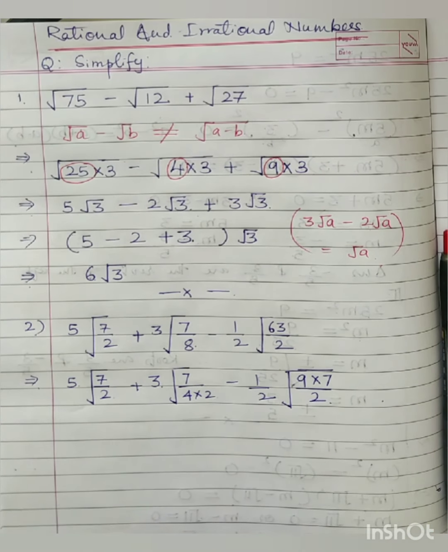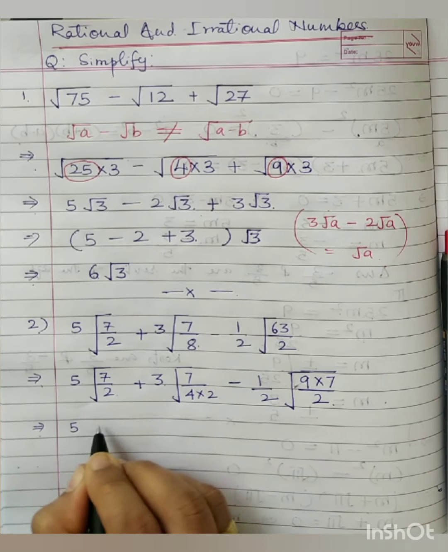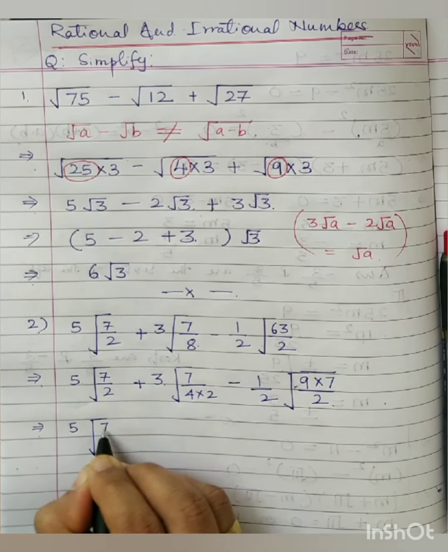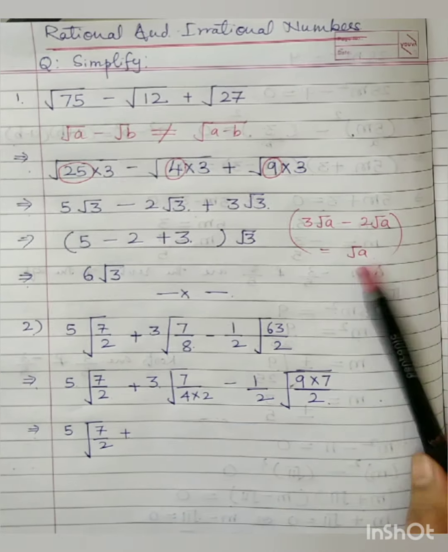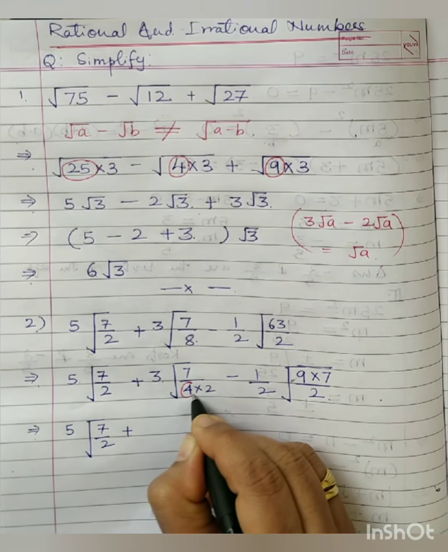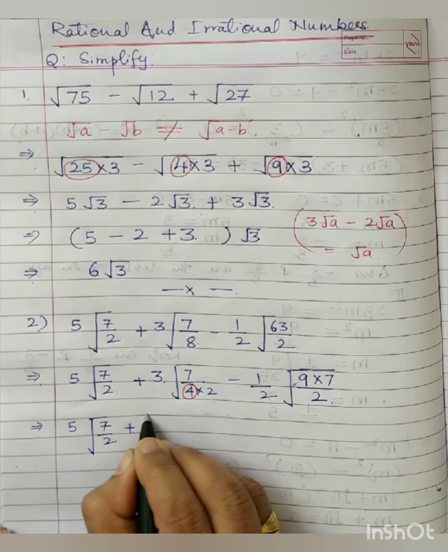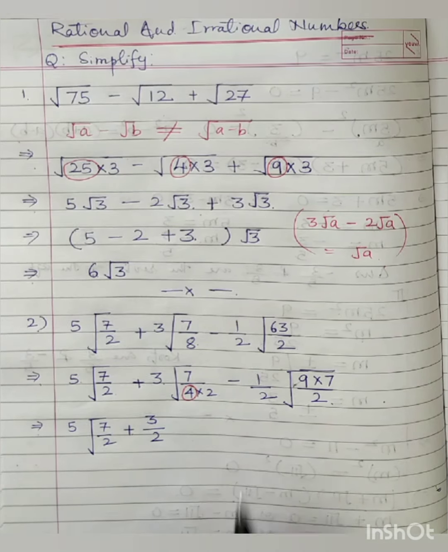So you've got 5 under root 7 upon 2 plus, now here for this 4, it is in the denominator, so what you take out in the denominator is 2. So what is here? 3 upon 2.